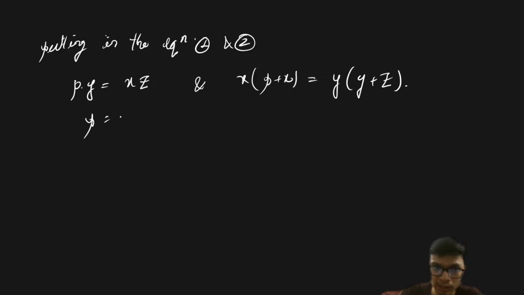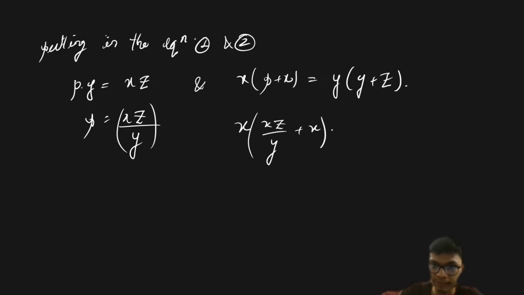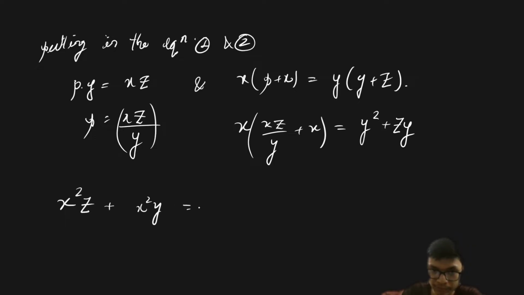From here I find the value of p as xz upon y, and put it back into this equation. So it is x into (xz upon y plus x) equals y square plus yz. Further simplifying, x squared z plus x squared y equals y squared times (y plus z).